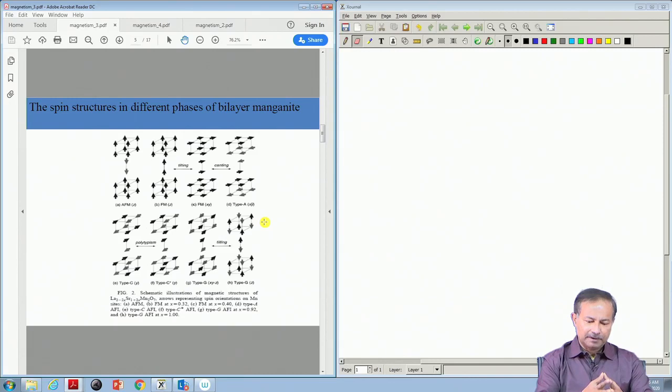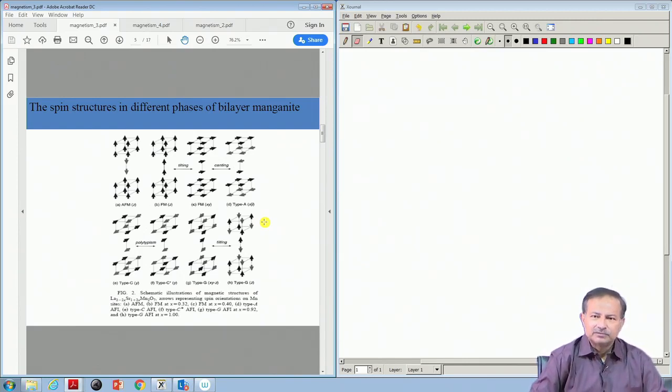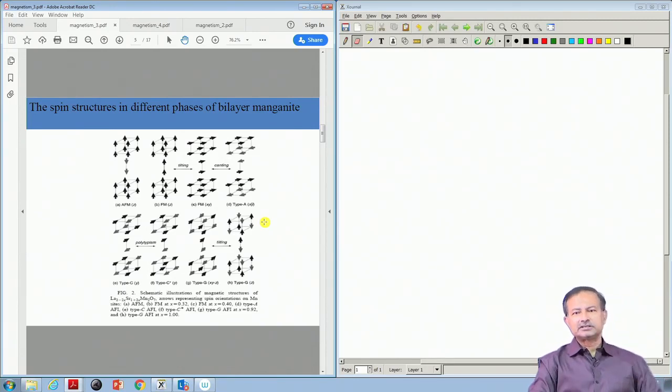The interesting thing is, how does one find out that there are such complicated magnetic structures? Well, the standard experiment is neutron scattering. That is something I will not discuss here, but that is an extremely powerful tool to find out the magnetic structure of a system.